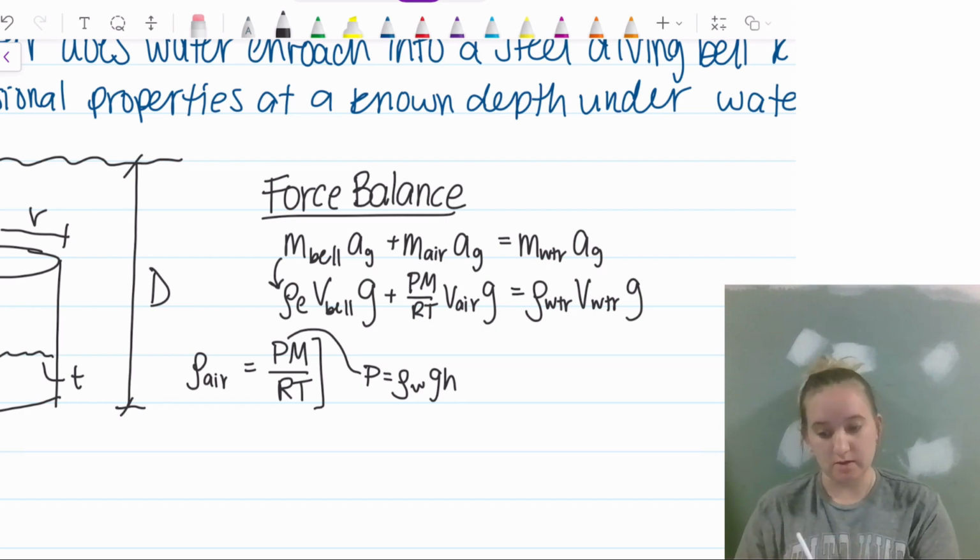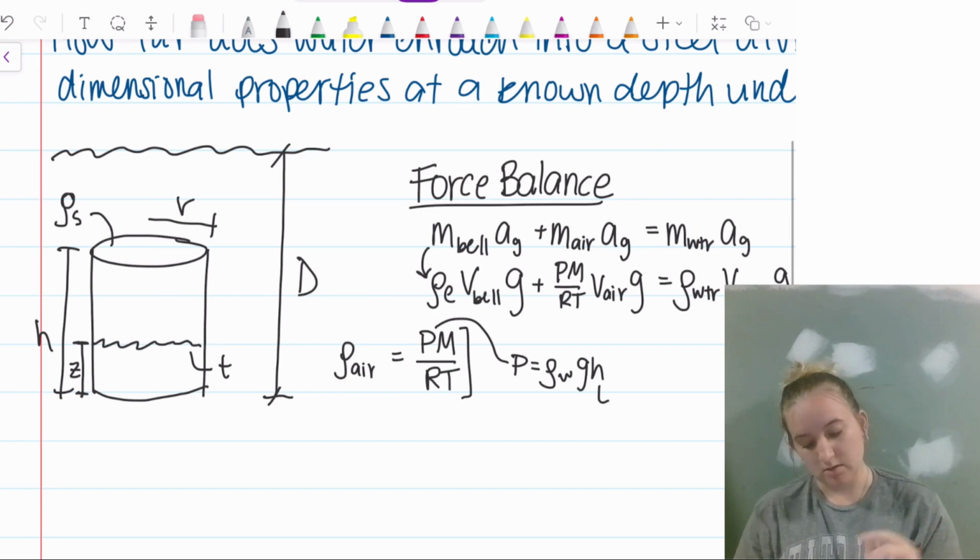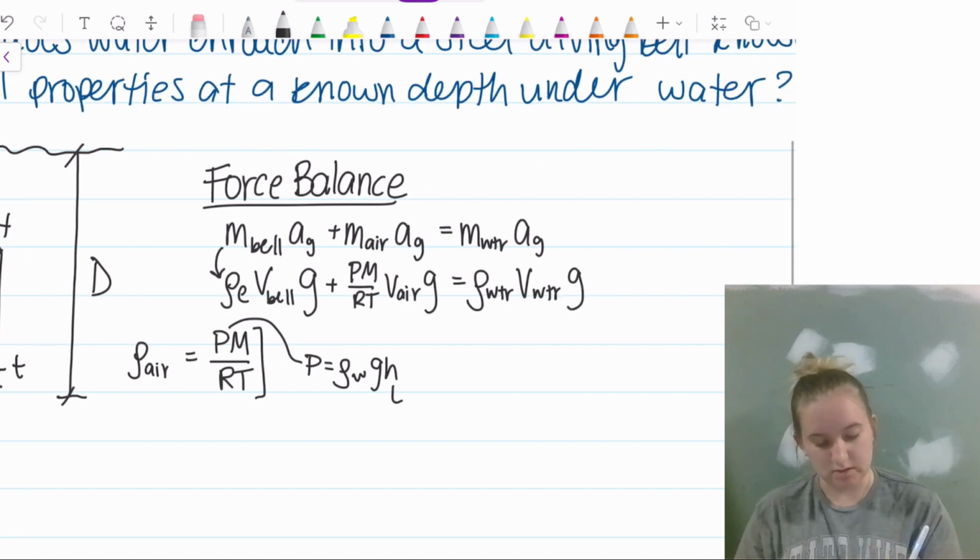So the pressure at the bottom must be equal to the pressure of the air, where it's rho W G H, but H is actually going to be our depth down. We have a height, but our H is going to be our depth minus that little portion of water in the bell, so it's actually going to be D minus Z.